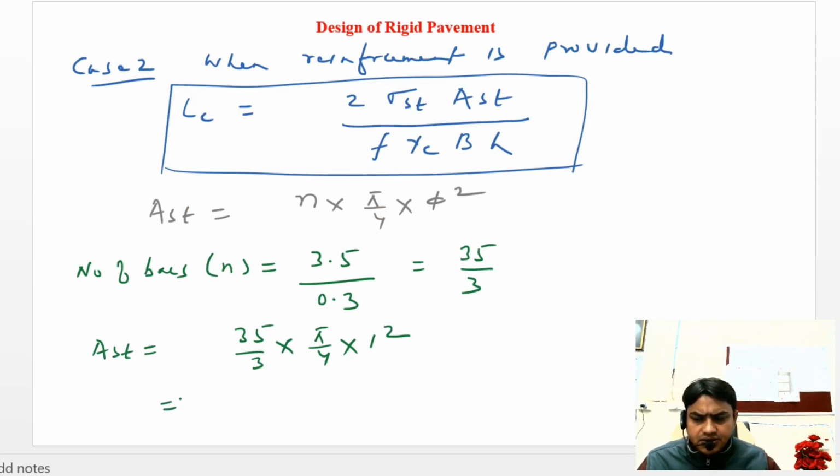So total AST can be computed by this formula, 35 into pi divided by 12. So it is 9.163 centimeter square.